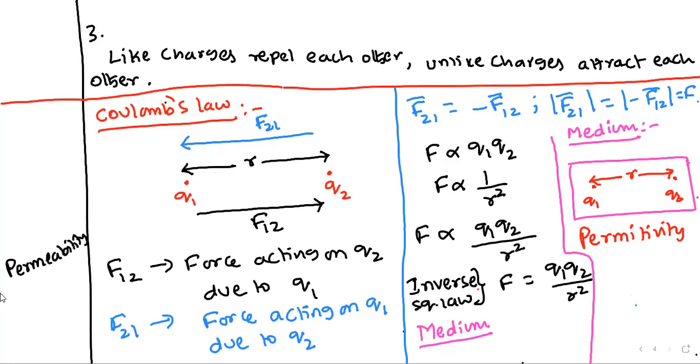In optics, we have the refractive index. So we are discussing electricity, so it's permittivity. Permittivity is indicated with epsilon, epsilon naught.